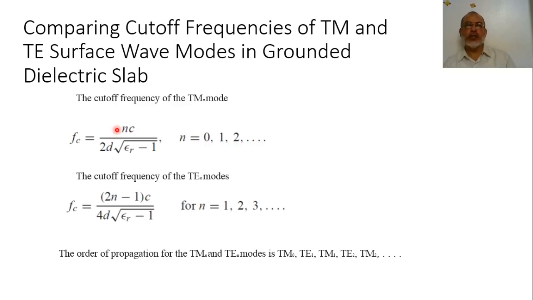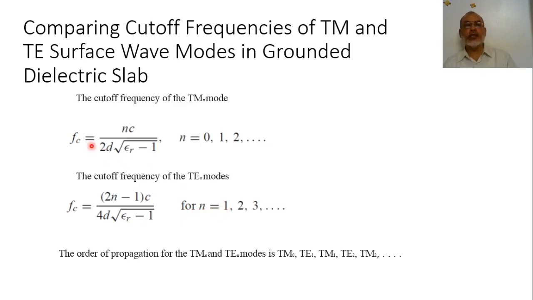Or in other words, we can say it is 2n over 4. On the other hand, the cutoff frequency for the TEn modes is 2n minus 1 c over 4d square root epsilon r minus 1, but n here starts from 1.